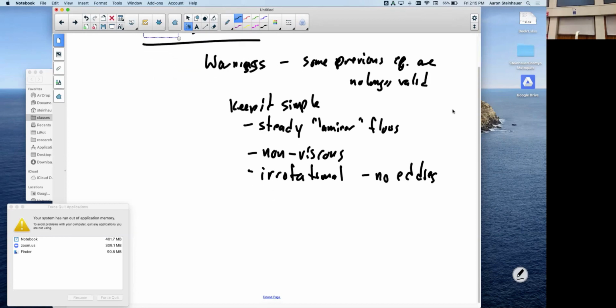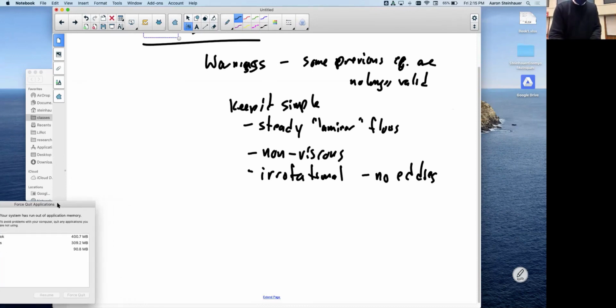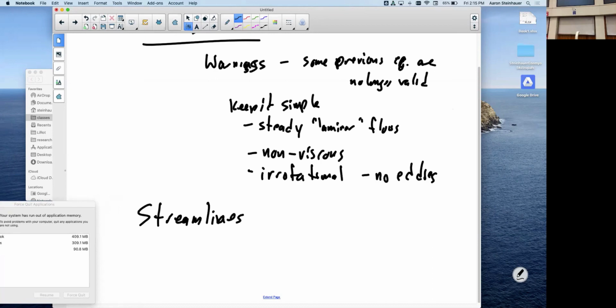So I want to introduce a concept that you might not have heard of before, called streamlines. So what do I mean by a streamline? A streamline follows the motion of a test particle, or a test fluid element, through the fluid. This fluid's going to be moving around, and a streamline is the path that a particular fluid element takes as it traverses the fluid.